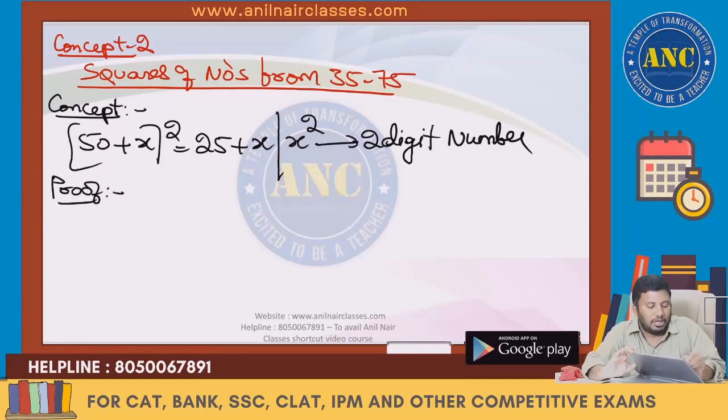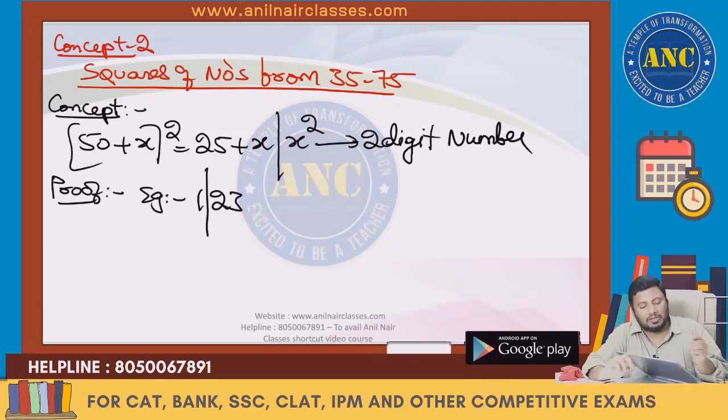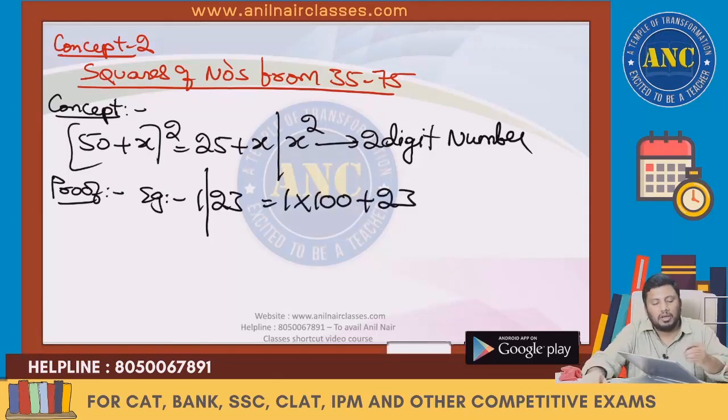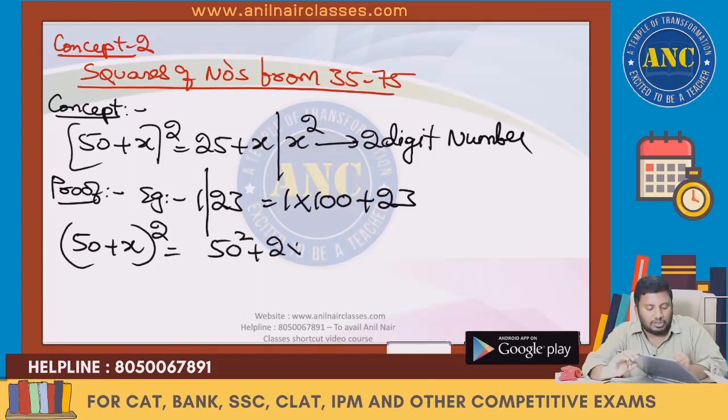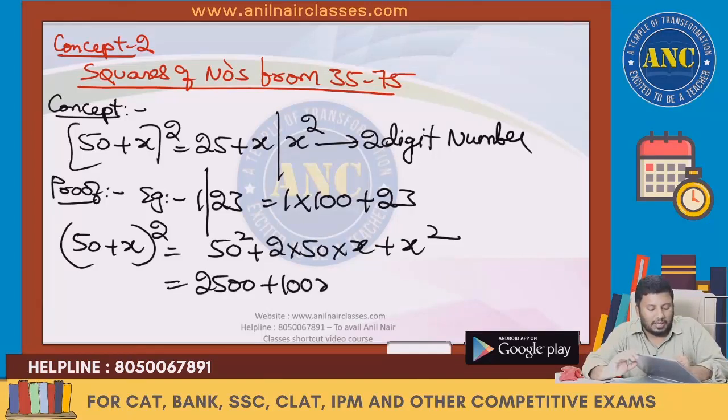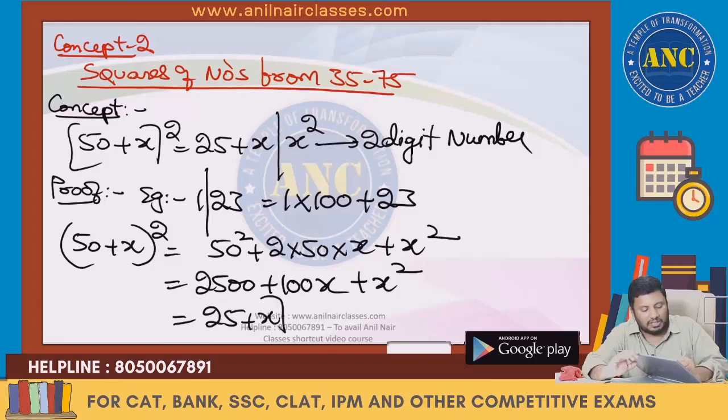Proof. Example: 123 is there. I kept a slash before 2 digits. It is 1 into 100 plus 23. Am I right? Before 2 digits means the slash is kept before the hundreds place. 50 plus x whole square is 50 square plus 2 into 50 into x plus x square, which is 2500 plus 100x plus x square, which is 25 plus x into 100 plus x square.